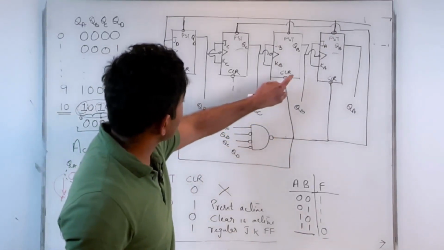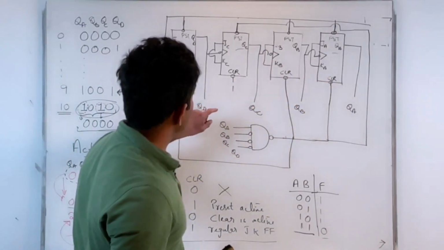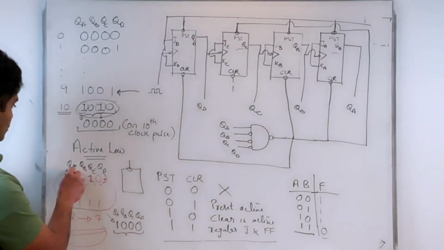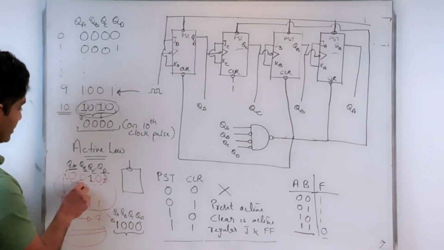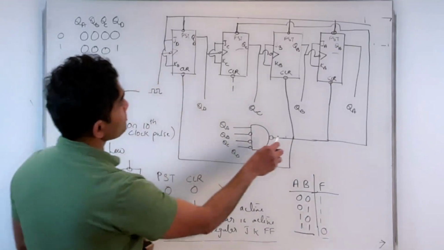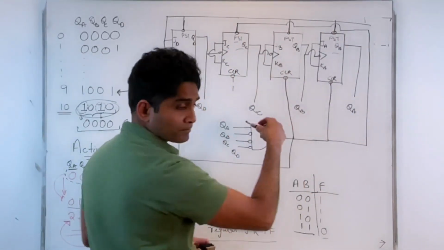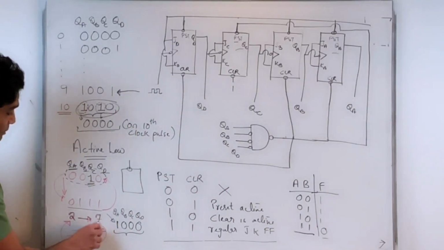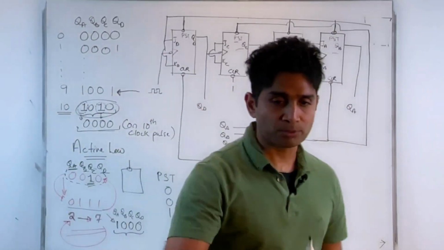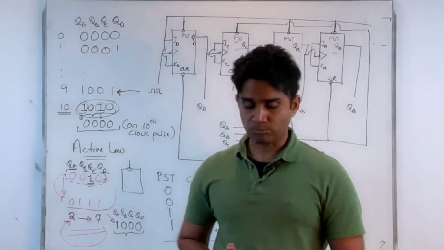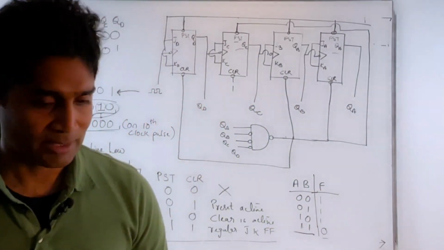I clear the contents of QB, QA, and QD, and preset the value of QC. That's how I get count from 2 to 7. On the 8th clock pulse, I go back to 2, count to 7, 8th clock pulse, go back to 2, and so on. All right, so that makes any count possible by using the preset and clear inputs.